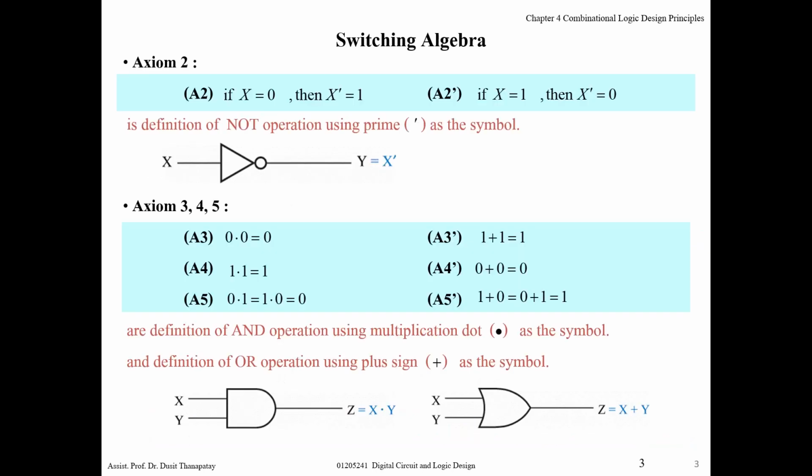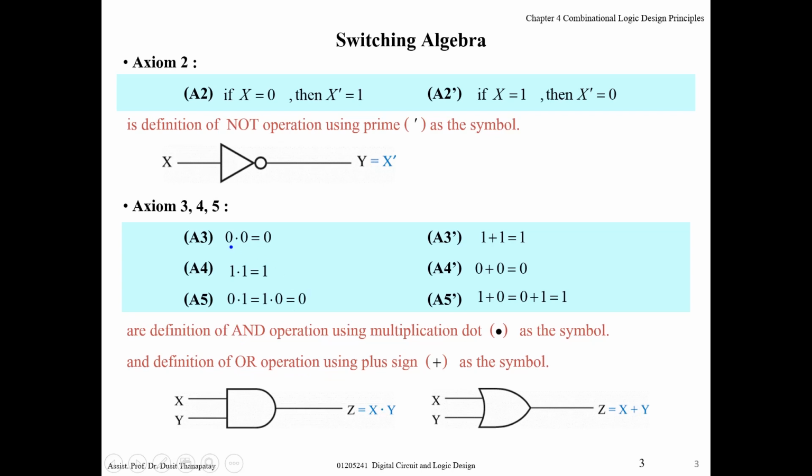And axiom 2 is used to define the NOT operator. Namely, if x is 0, x invert, x prime, is 1. If x is 1, x invert is 0. And axioms 3, 4, 5 define the AND operation and OR operation.